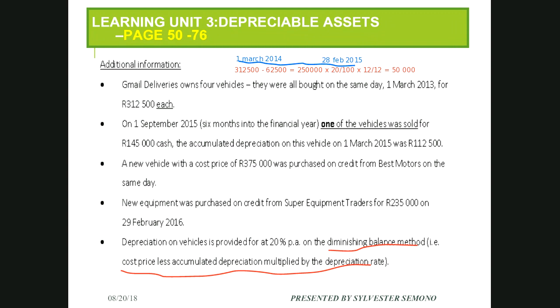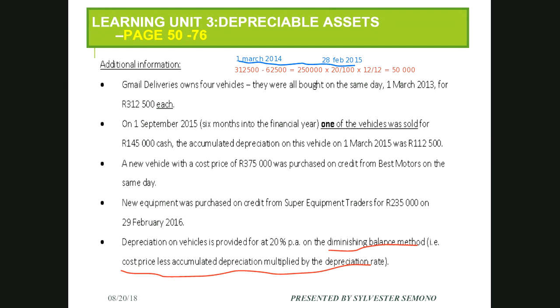The cost, remember, 312,500 minus what? Accumulated. Accumulated means the depreciation that we have already from the previous year. Are we together? Okay. So if it was the other method, we should have done the same thing. The answer was supposed to be 62,500 for this year again. So the challenge is the method here.